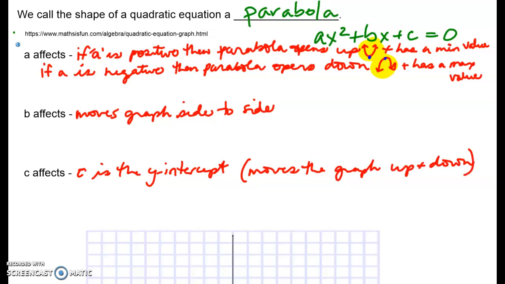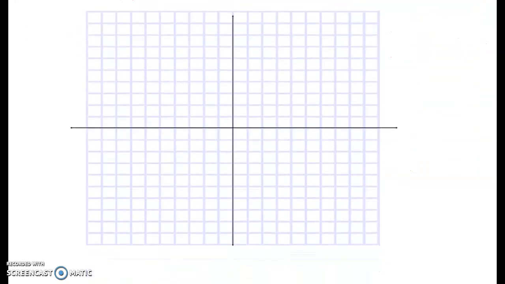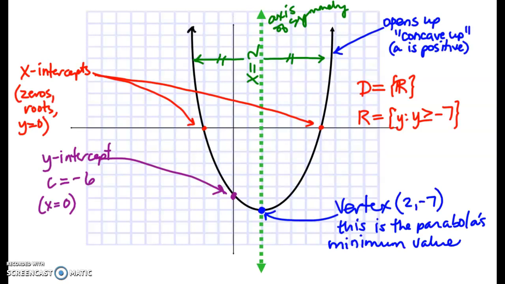Okay, let's go down and we're going to draw a detailed sketch now of a parabola. I'm going to draw it first and then we'll explain it. So go ahead and pause the video now, and I'd like you to draw the black parabola onto your notes.